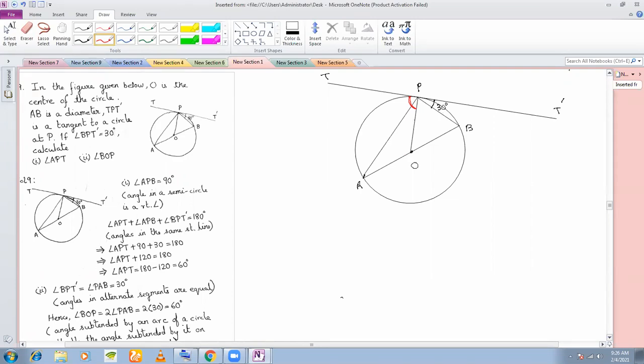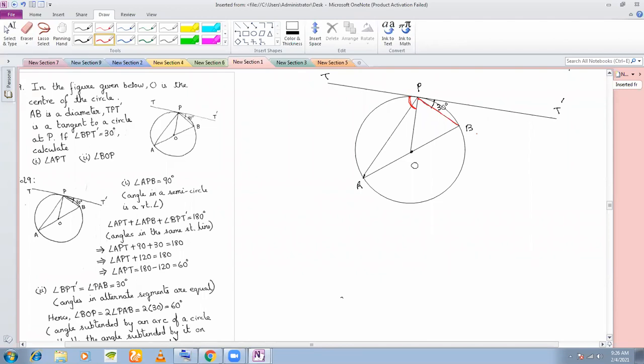What you must see here is that you see a chord PB, and you see a tangent also, TPT dashed. Whenever a chord and a tangent intersect at the point of contact, what comes to your mind?